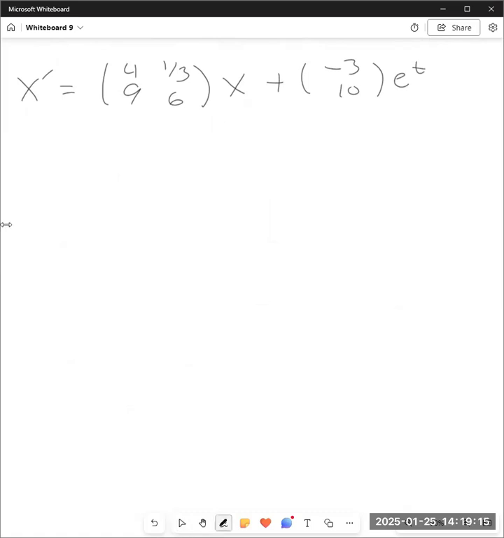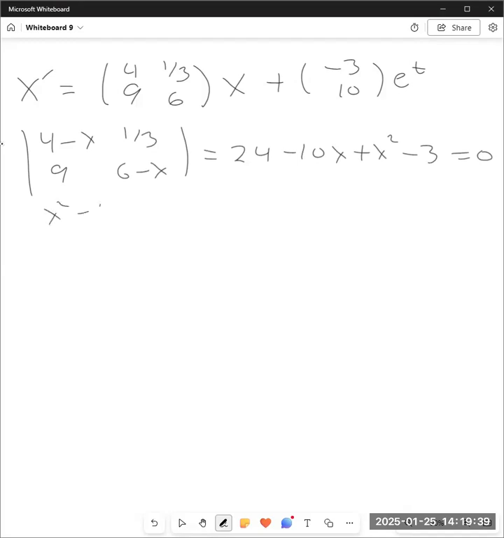So my characteristic equation here, (4 minus lambda)(6 minus lambda) minus 3, is equal to 24 minus 10 lambda plus lambda squared minus 3, which makes lambda squared minus 10 lambda plus 21 equal to 0. So this is (lambda minus 3)(lambda minus 7) equal to 0. Lambda 1 equals 3. Lambda 2 is equal to 7.